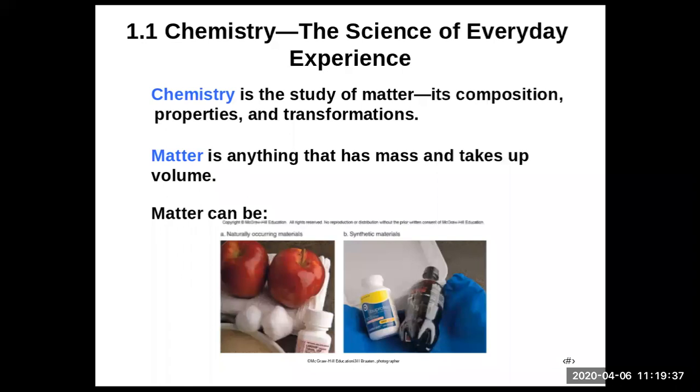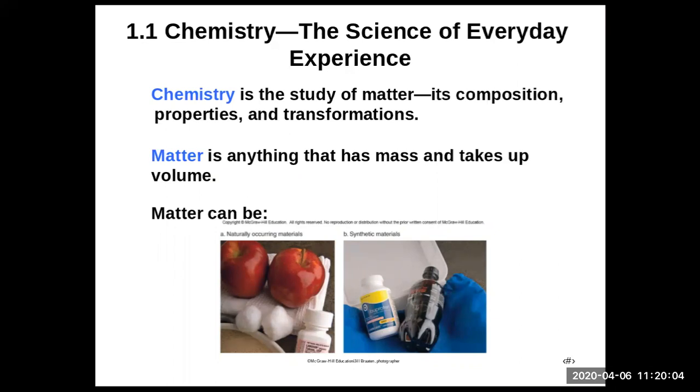So matter can be anything that you find in nature, like fruits, trees, plants, rocks, water, cotton, anything that is naturally occurring in nature. And matter comprises also anything that has been synthesized by humans.